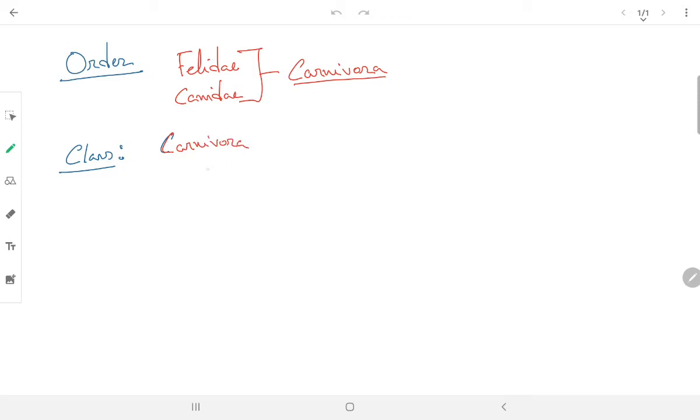Like Carnivora, we'll have Primata. Primata means monkeys. More orders are there here, but we are only taking two, just for the sake of example. Together, what will they be called? They will be called Mammalia, or the mammals.